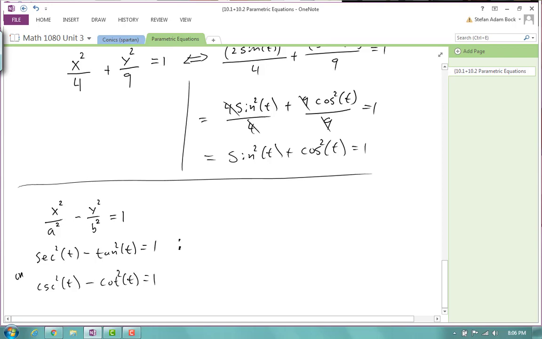And this would be the case where secant of t is equal to x over a, and tangent of t is equal to y over b, or similarly for cosecant and cotangent.